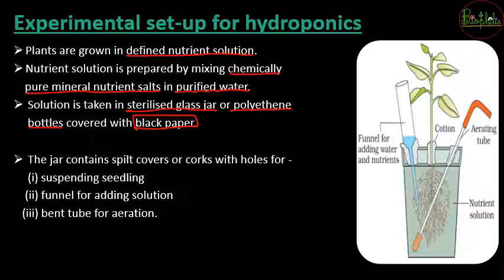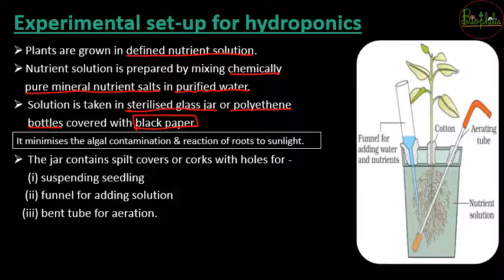So ये black paper क्यों लगाते हैं? The reason is very simple, that it should not get any contamination. अगर ब्लैक पेपर है तो वो सोल्यूशन के पास में सनलाइट नहीं होगी, there won't be enough sunlight, so that there is going to be minimization of algal contamination and the roots are not going to react to the sunlight. So that is the reason you are going to place black paper onto these glass jars.